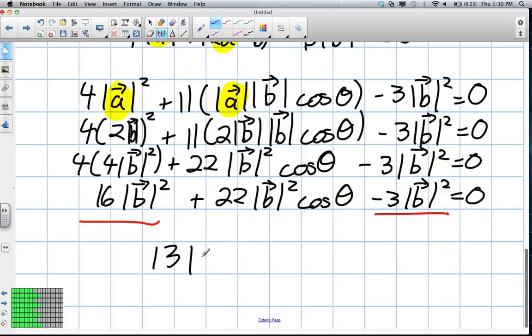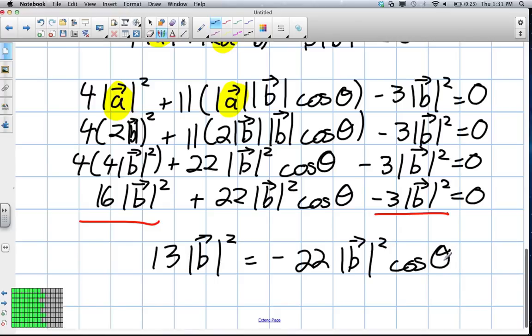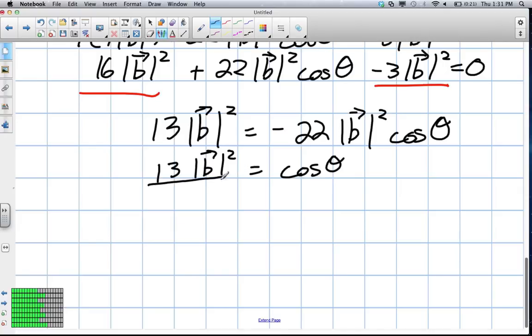13. Vector B squared, magnitude of vector B squared, is equal to, when I move this over, negative 22 B squared cos theta. Now again, our goal is to solve for cos theta. So how can I move negative 22 B squared over? I'm going to divide. 13 B squared divided by negative 22 B squared is equal to cos theta.